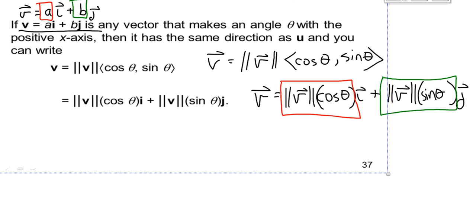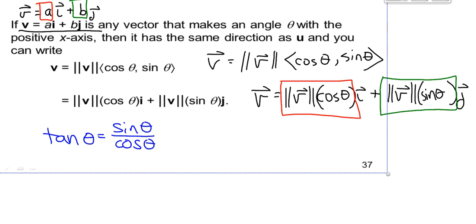So I want to use a trig function that's going to help me get that angle theta. So do you agree that in general the tangent theta is sine theta over cosine theta? Correct? And so if I know the sine of theta and the cosine of theta, I can figure out what the tangent of theta is.